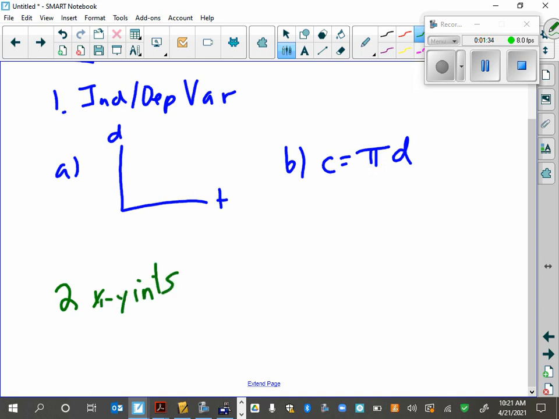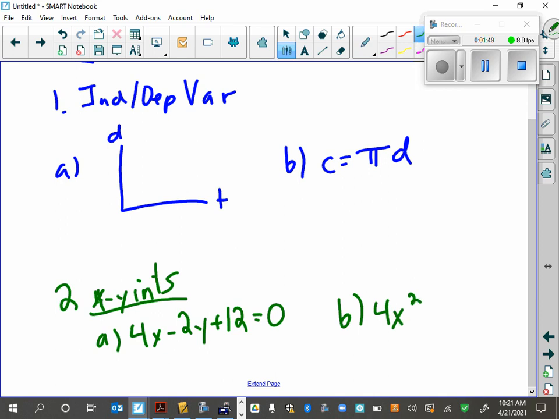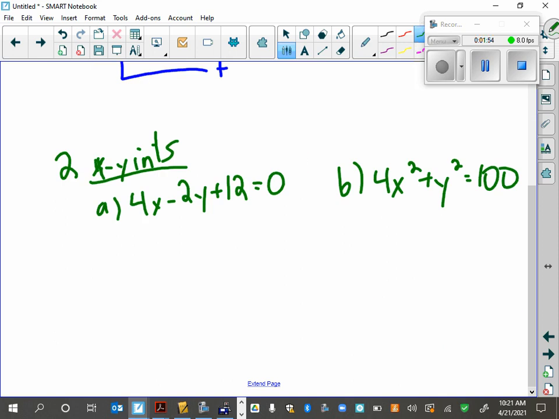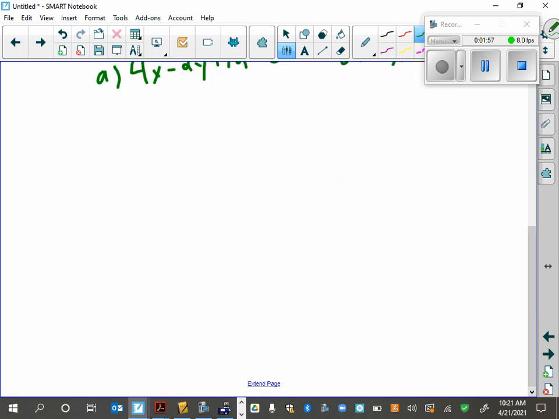When I'm done reading the questions, just pause it because I'm going to be going to the next question. I'm going to go half a page further down right now. And domain and range, in both notations.